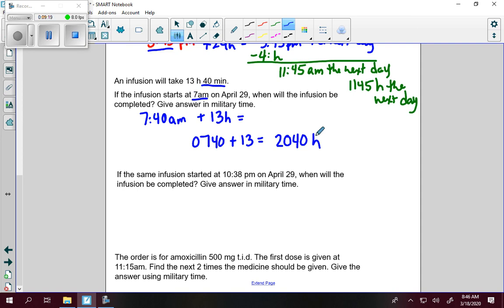The next one says, if the same infusion started at 10:38 p.m. on April 29th, when will the infusion be completed? Give the answer in military time.